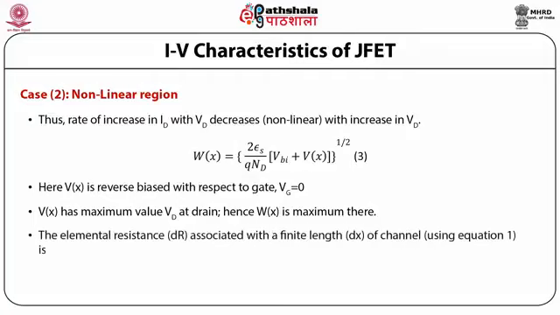So the elemental resistance dR associated with the finite length dx of the channel is given by dR equal to dx by 2q mu n Nd Z multiplied by (a minus W).